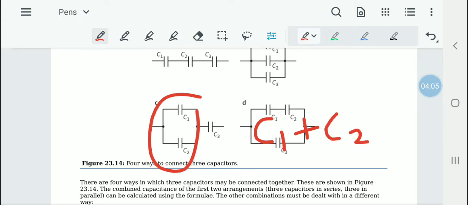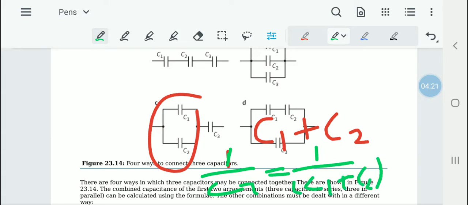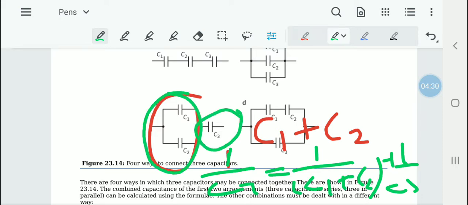After that we need to add the C3 part. Then we get 1 upon C total is equal to 1 upon (C1 plus C2) plus 1 upon C3. I hope that makes sense to you. If you take this as one unit, these two are in series. So as a result, you get it like this. If you have any doubts, please raise questions.